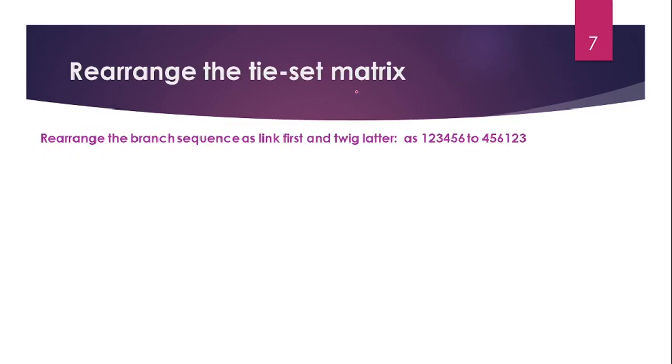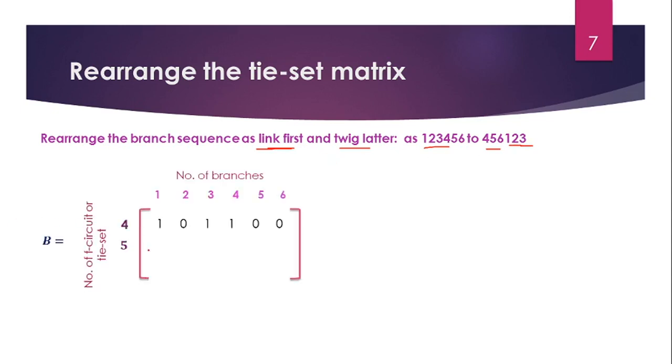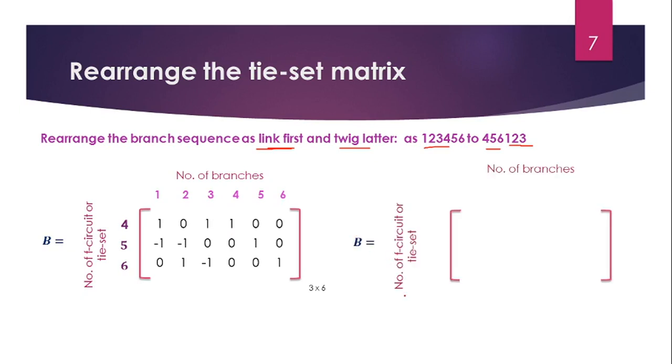So we can rearrange this matrix to understand or to remember it. Rearrange the branch sequence so that we write the links first and twigs later, as 1, 2, 3, 4, 5, 6 we have written it. So we have to rearrange to 4, 5, 6 as links and 1, 2, 3 as twigs. This is the tie-set matrix which we formed, 1, 2, 3, 4, 5, 6, and when we rearrange we get the links first, 4, 5, 6, and twigs later, 1, 2, 3.